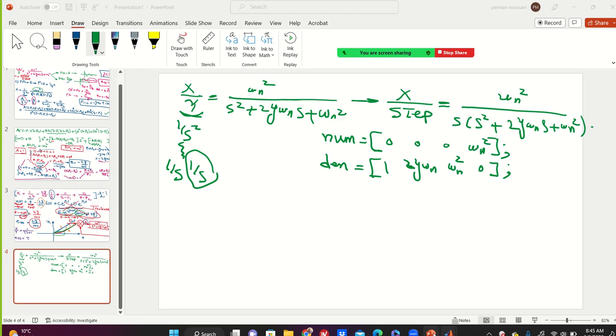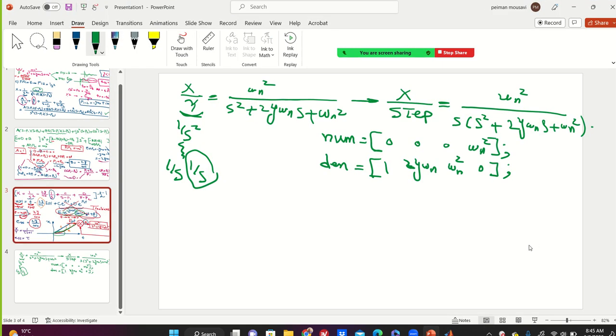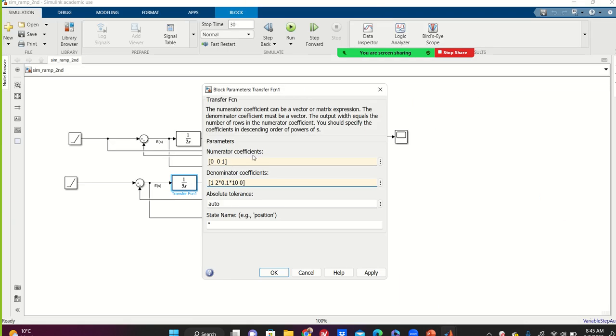See here, guys. Oh, sorry, and 0. See here, we are using the open loop transfer function. Omega n squared over s squared plus 2 zeta omega n s. There's no constant. And omega n squared is going to be 10 squared.